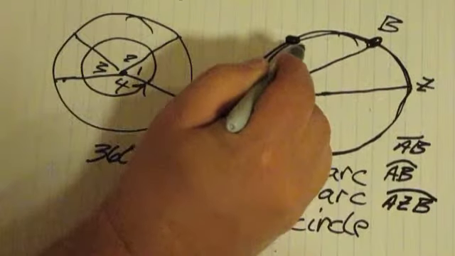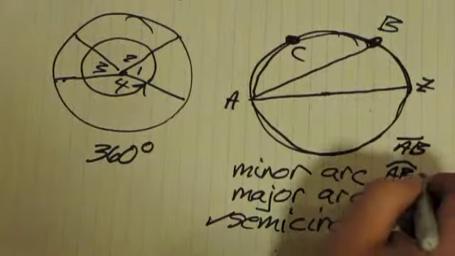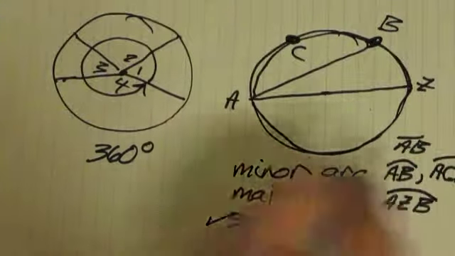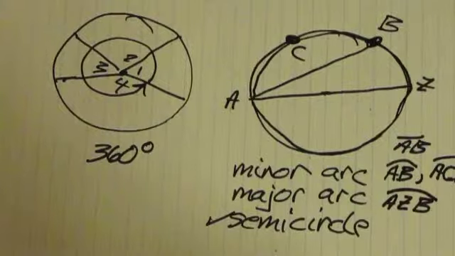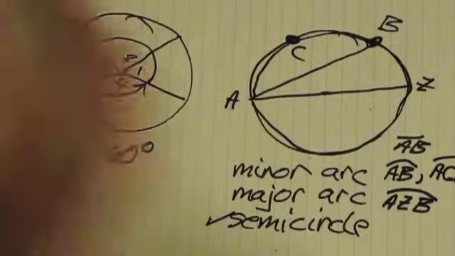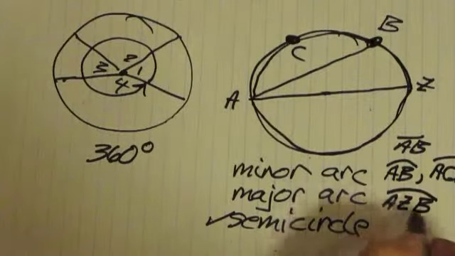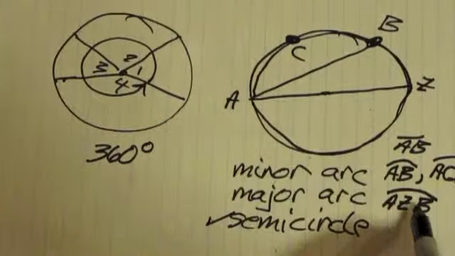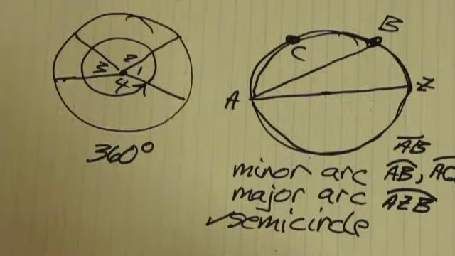For instance, if this was a C, then the minor arc ACB would also be the same as the arc AB. You could also label arcs in reverse order. For instance, I could have the arc BZA, and that refers to the same arc as this. So pause. Make sure your notes are complete on that, and you're ready for the next thing that we do.